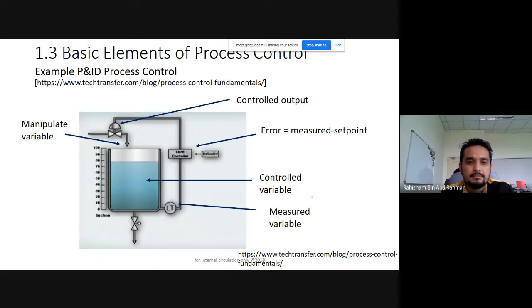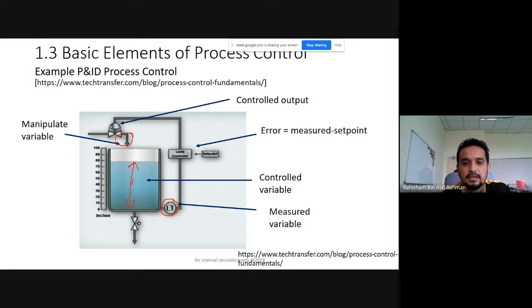Okay. For example, again, we have the water level as the manipulated variable here. The controlled variable is the height of the water level. And then we have LT, what we call the level transducer, which measures the level.